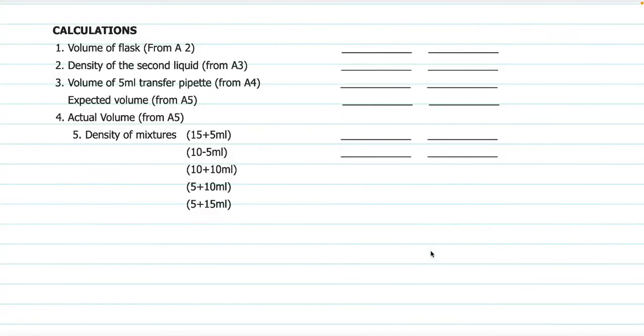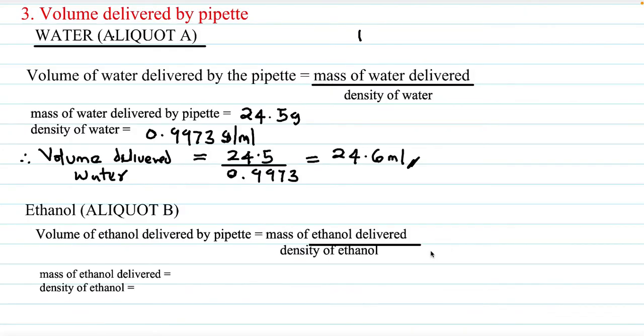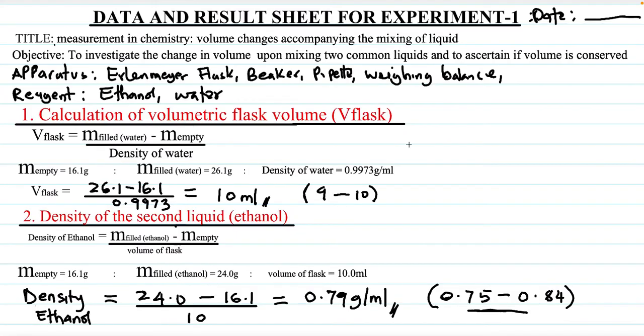Okay, so we come here. The mass of ethanol delivered by the pipette is 19.5 grams. Now the density of ethanol from our previous calculation was 0.79, but I said your answer could range from 0.75 to 0.84.